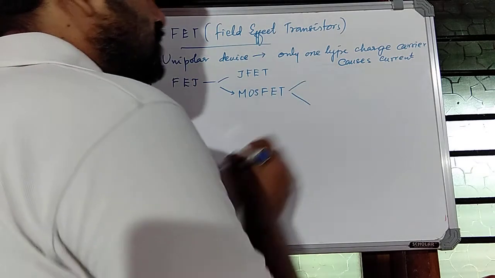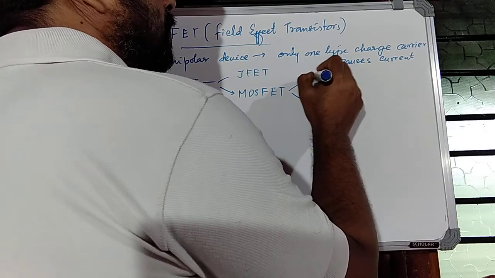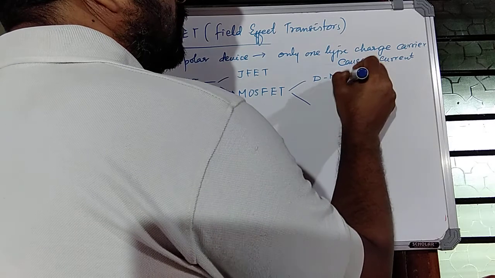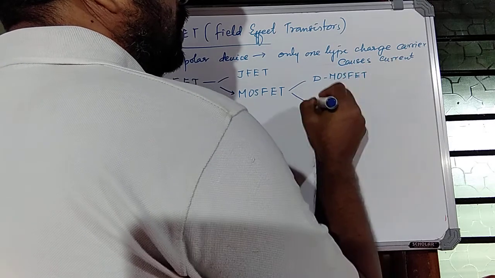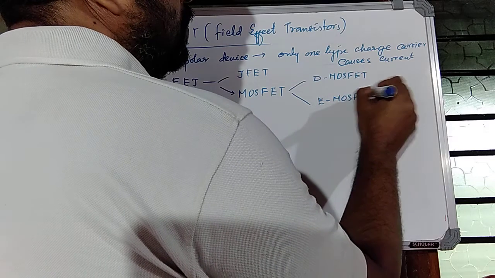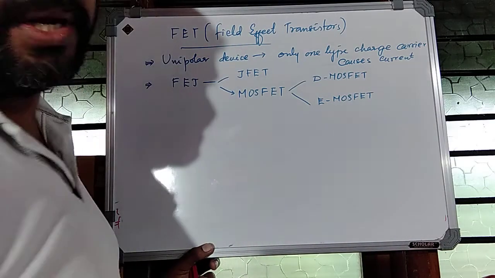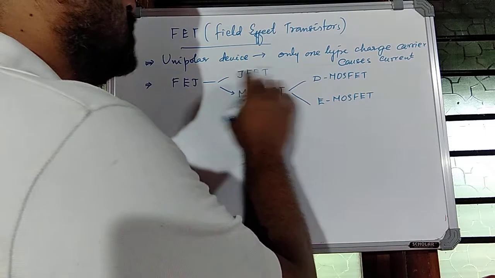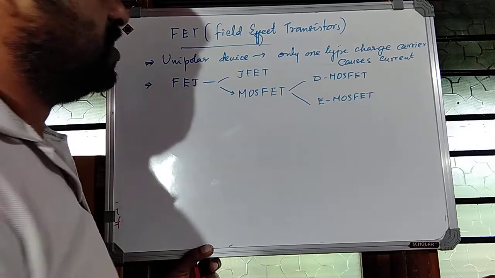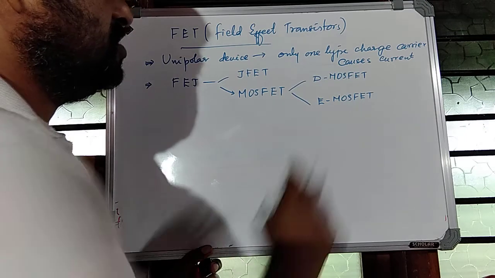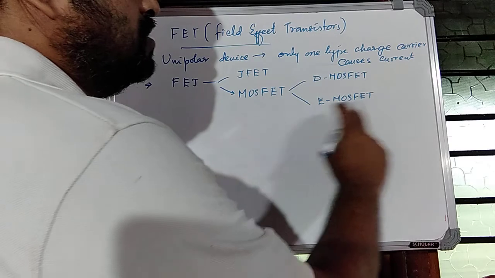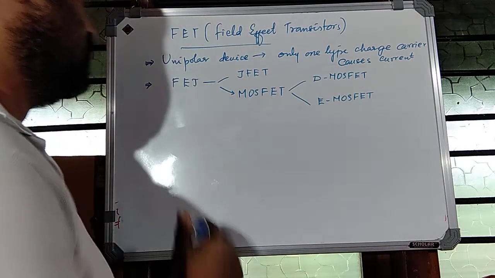MOSFETs are again classified into D-type, depletion type MOSFETs and enhancement type MOSFETs. D-type MOSFET means depletion type MOSFET, and this is enhancement type MOSFET.